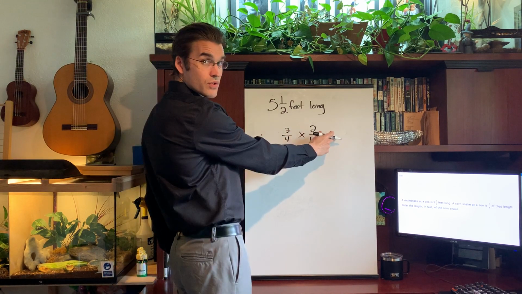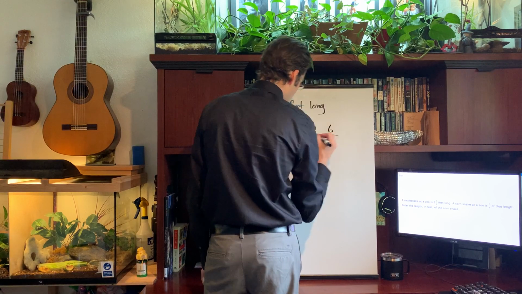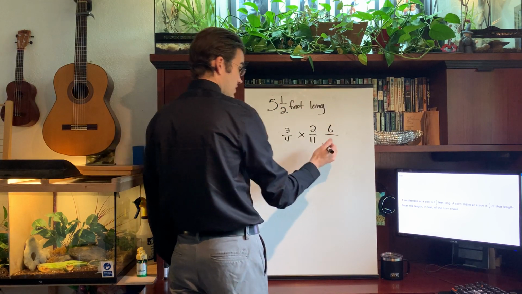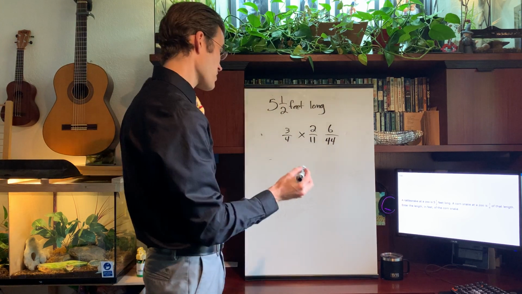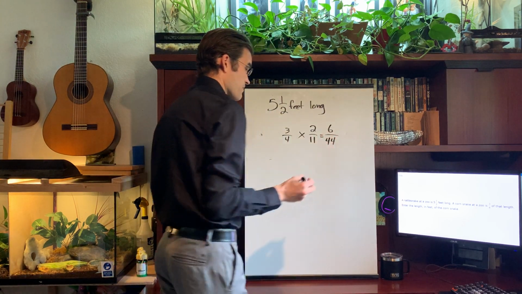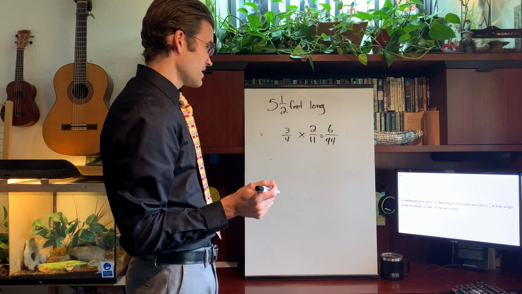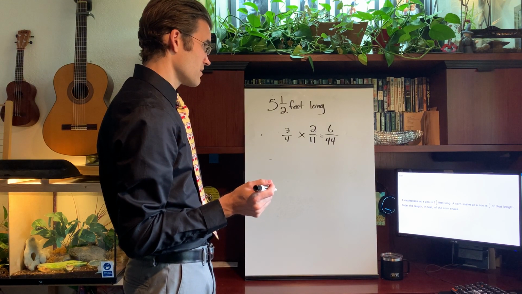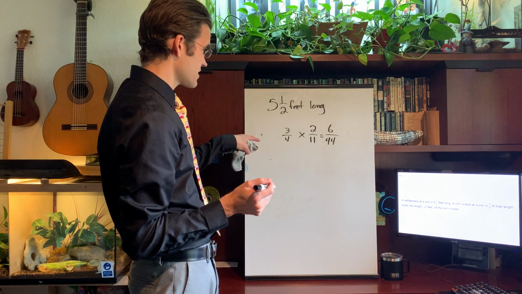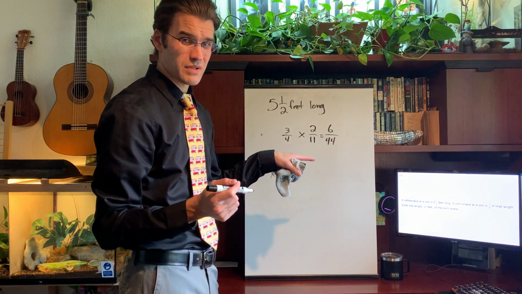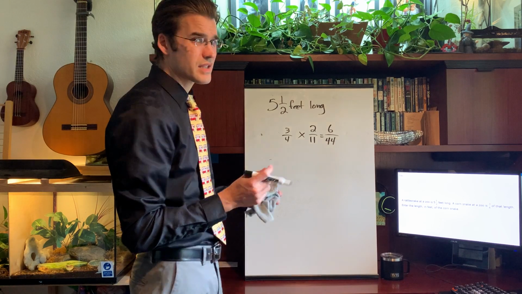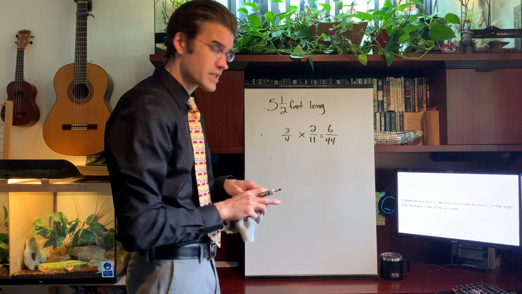So 3 times 2 is 6, and 4 times 11 is 44. 6/44? Oof. That doesn't seem right. 5.5 feet. Yeah, that doesn't seem right. That'd be a really, really small snake, and so that doesn't pass the logic test.